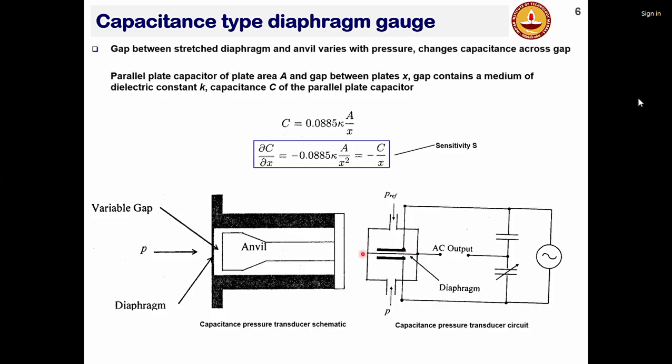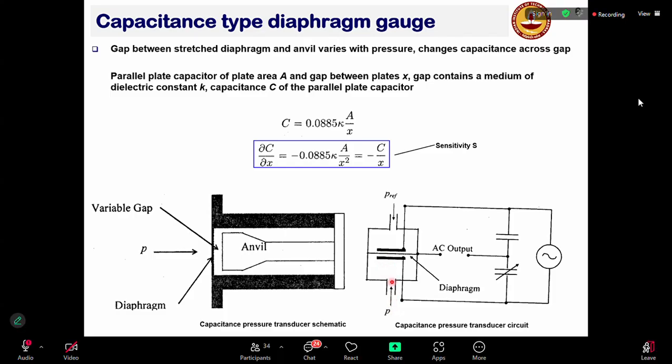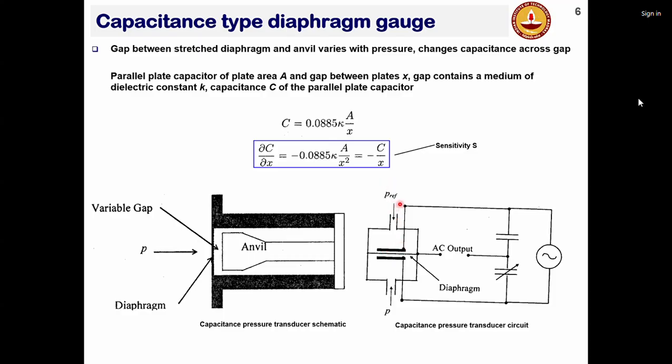So here is the diaphragm. On the bottom side of the diaphragm, you have a chamber, and this chamber is connected to the source pressure that you want to measure. On the top side, you have a reference pressure, which could be atmospheric pressure.